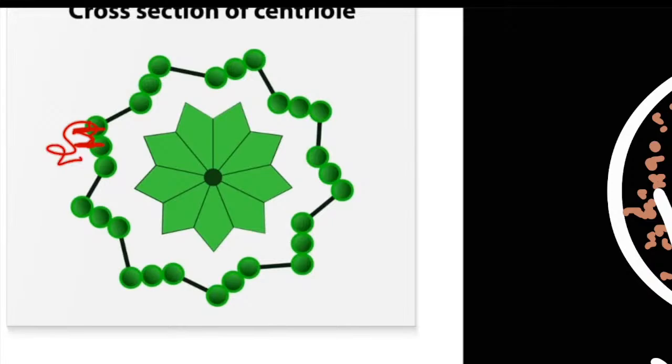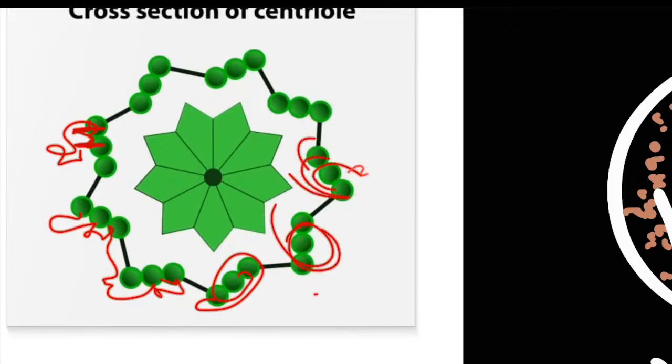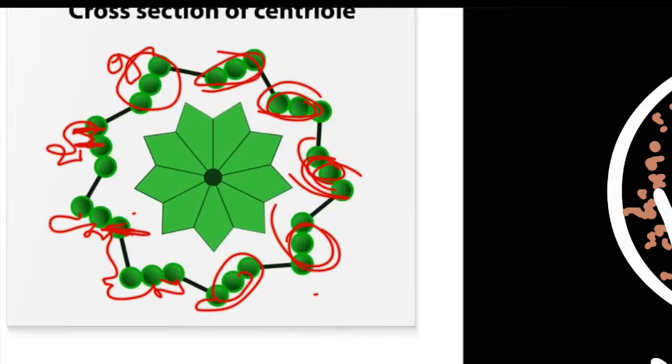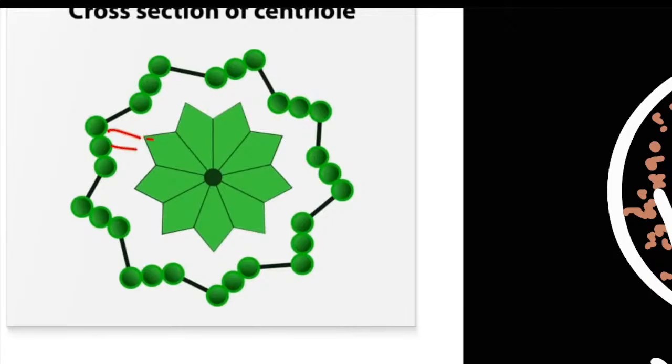So what is this? This is one fibril, then this is one fibril, then this is one fibril, and so on. Like that, you can see that you have a lot of fibrils. Each and every fibril is made up of three things. So what are those three things?